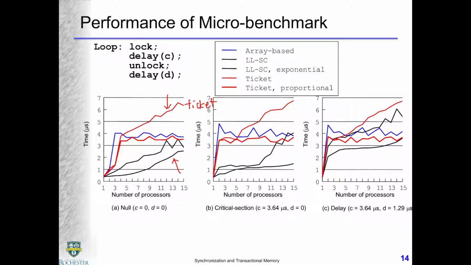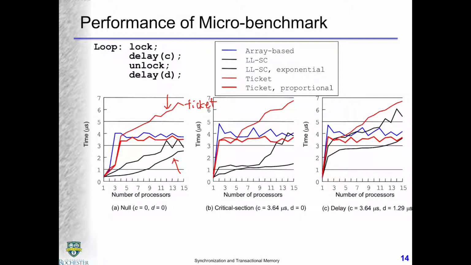Again, remember what happens. The thread finishing the critical section will increase the number that says currently serving, and everybody else would get an invalidation, and they will go back, load the thing just to compare. So this is creating a lot of traffic on the bus. Okay, so it's growing up. That's actually kind of a surprise.